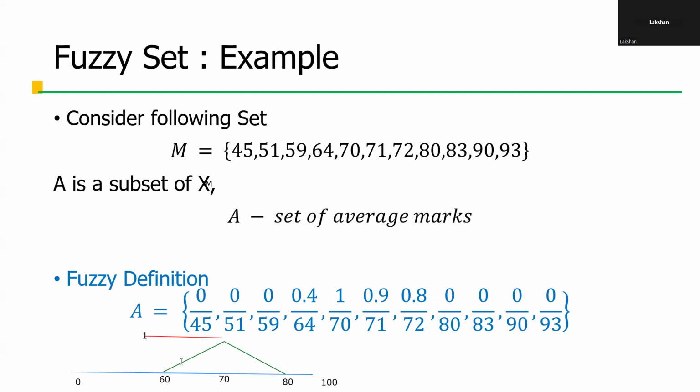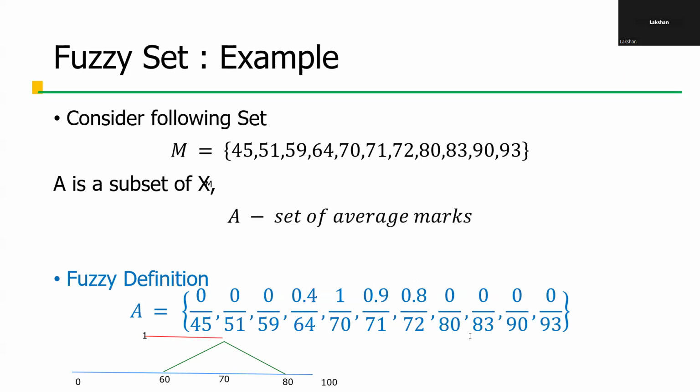So when it comes to 64 here, we are getting 0.4. And when it comes to 71, it's just 1 away from 70, so it will only reduce 0.9. In 72, it is 0.8. But after 80 and before 60, we don't consider them as neighbors or averages, so they will get zeros.